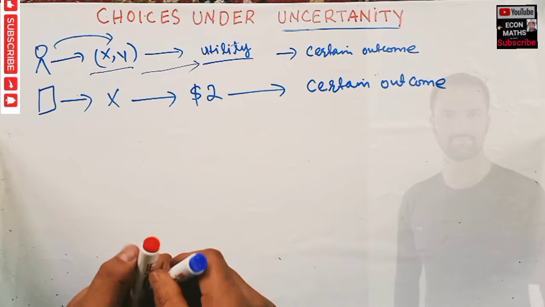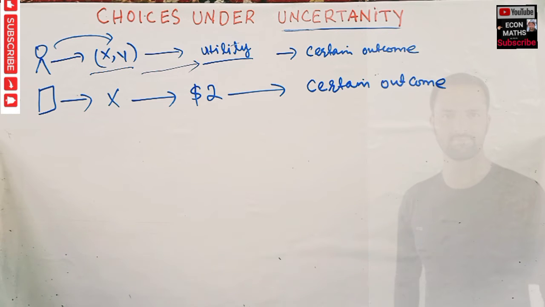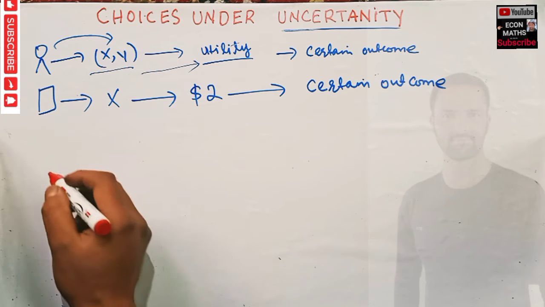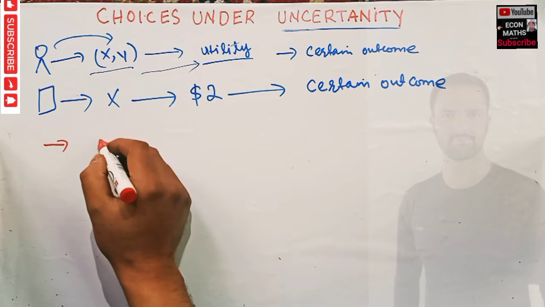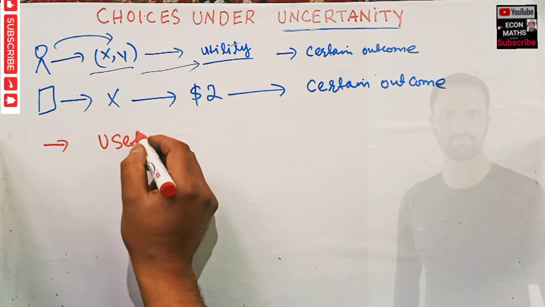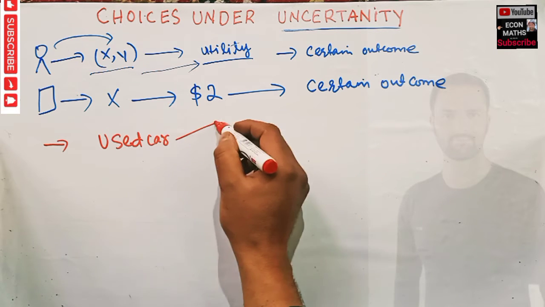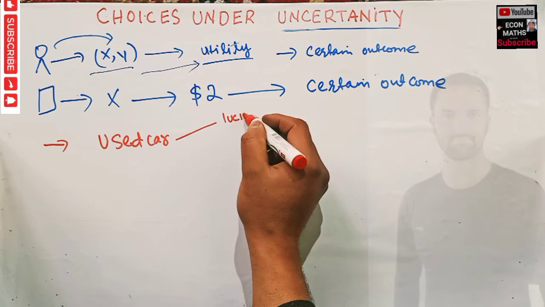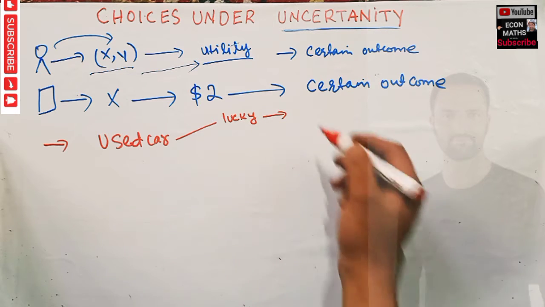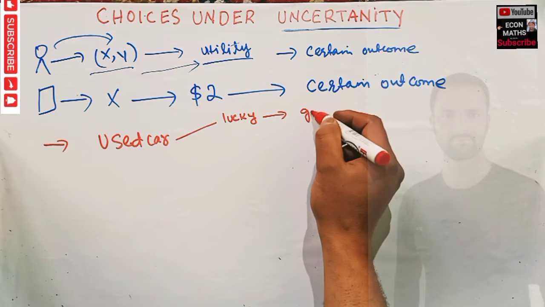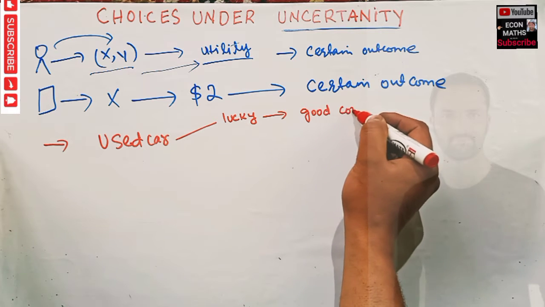Let's talk about the situations where we have uncertainty. To give an example, let's have a consumer. He is buying a used car. If he is lucky, the car will be in good condition.